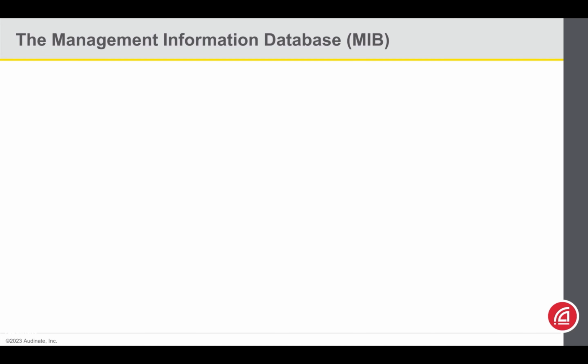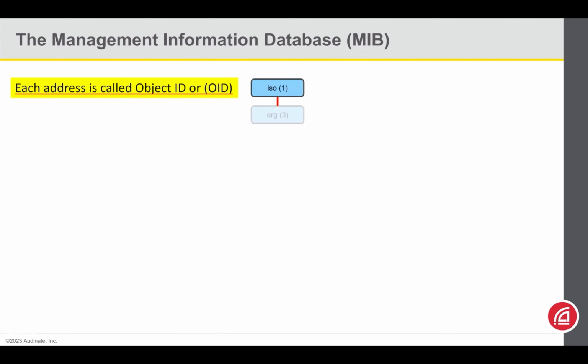MIBs are arranged in a hierarchy expressed as an addressing system. Each address is called an object ID or just OID. The addresses rely on inheritance, so the root address is 1 and the nodes beneath would all start with 1 as well. For example, 1.1, 1.2, 1.3, and so on.